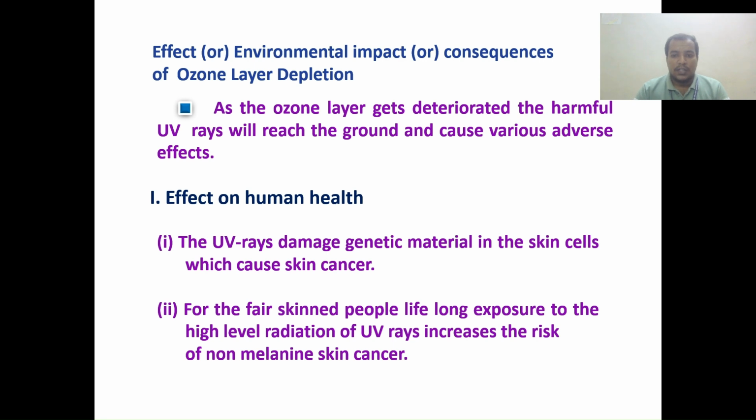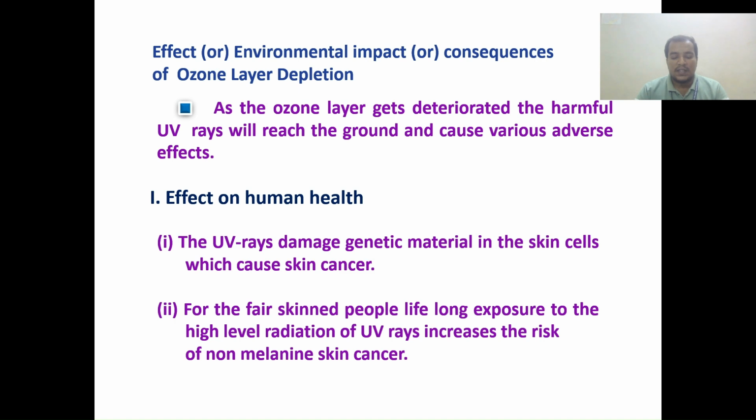When the ozone layer gets deteriorated, the harmful UV rays will reach the ground and cause various adverse effects. The first one is human health being affected by ozone layer depletion. UV rays damage the genetic material in the skin cells and cause skin cancer.